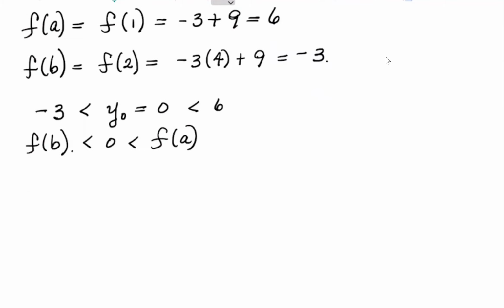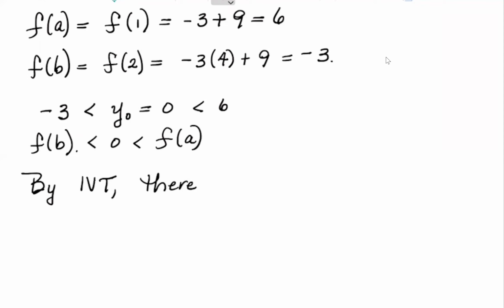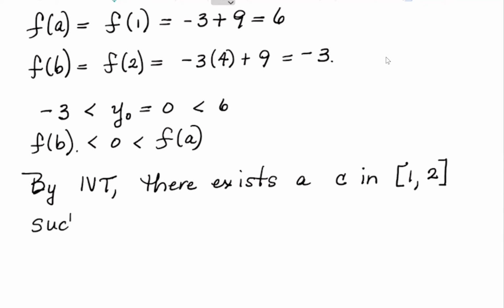So by the intermediate value theorem, there must exist a c in the interval 1, 2, such that f of that c will equal 0. So therefore the function has a root.